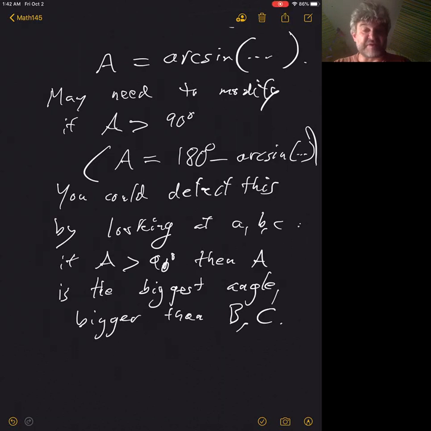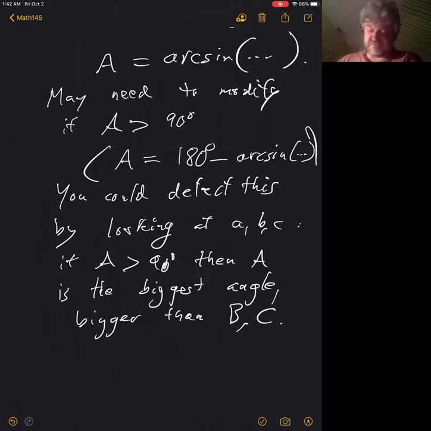Are we looking for the biggest angle? But it's still possible that A is just the biggest angle while still being less than 90 degrees. So in that case, I'm thinking there's no way around it: you have to calculate the two other angles and check that they really add up to 180.